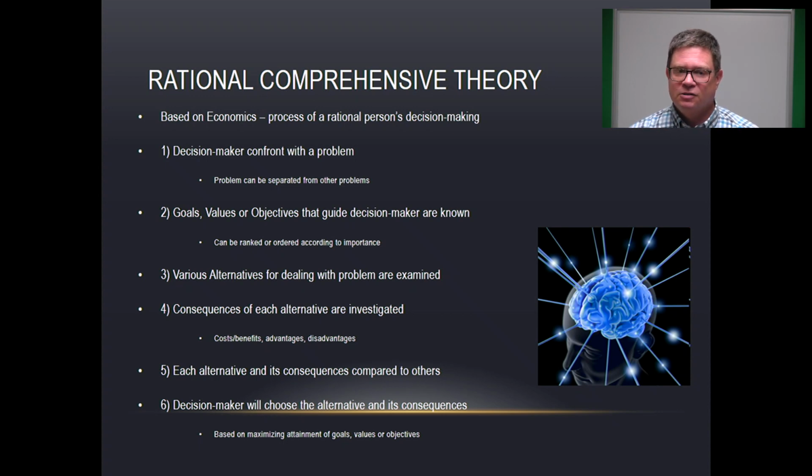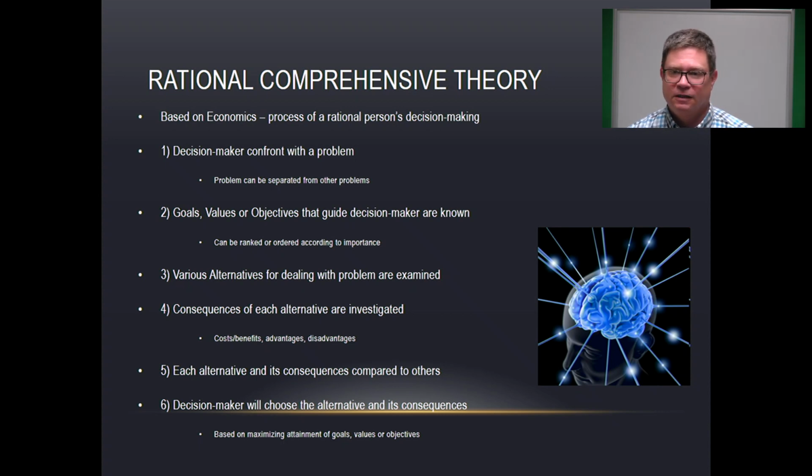And I'd be able to do cost-benefit analysis and see the advantages and disadvantages and compare all that information to all the other alternatives, and then I would choose the very best policy knowing that.